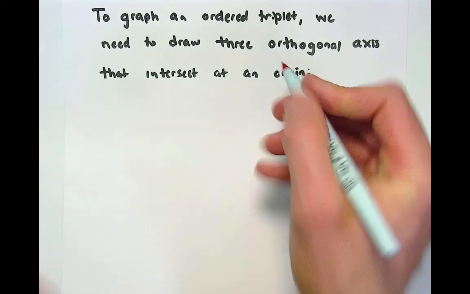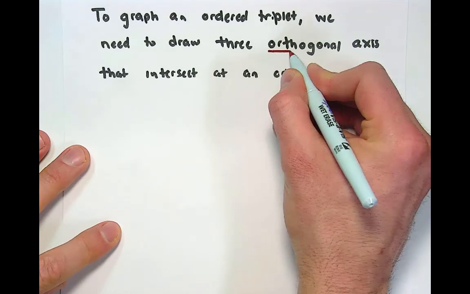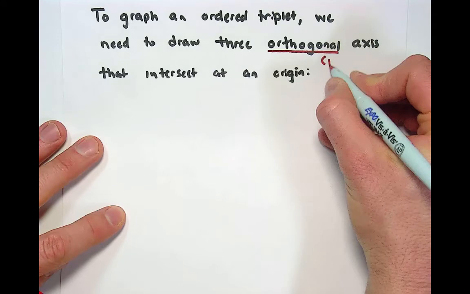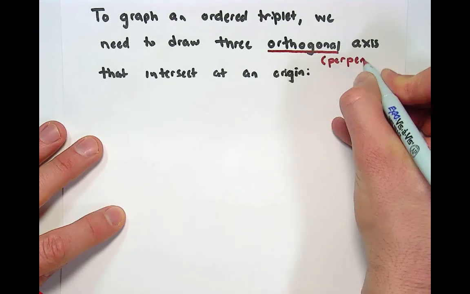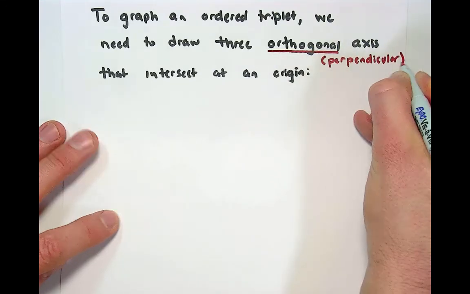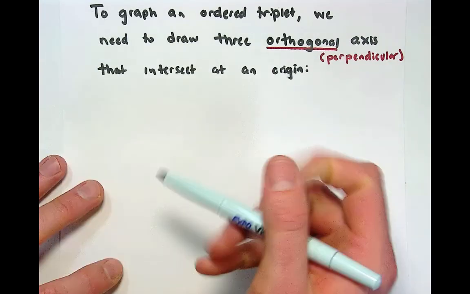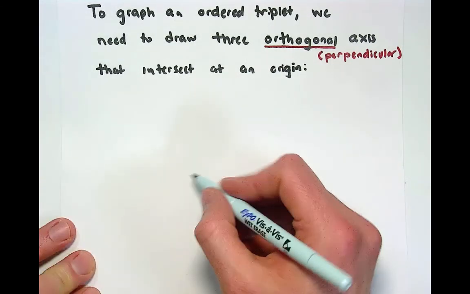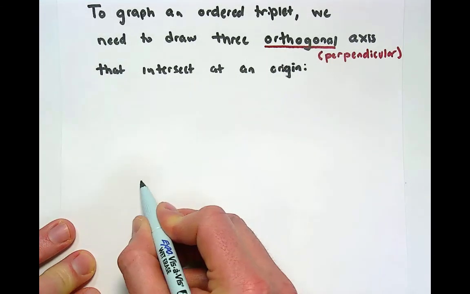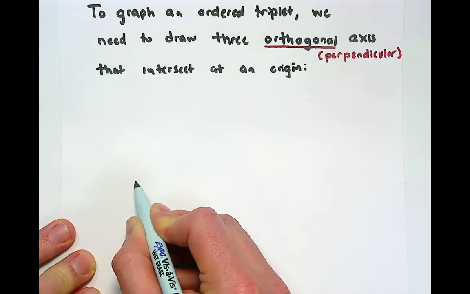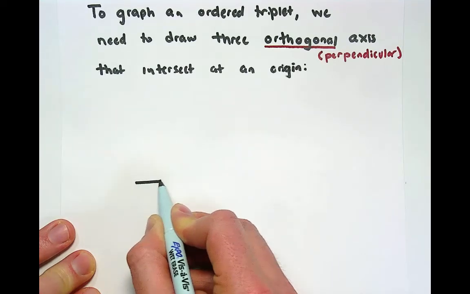The word orthogonal is a higher dimensional version of the word perpendicular. You can think about these as perpendicular. It's just a fancy way to say perpendicular when you're not in a plane. When we do this, we assume a convention that's called the right-hand rule. And the right-hand rule assumes the following.